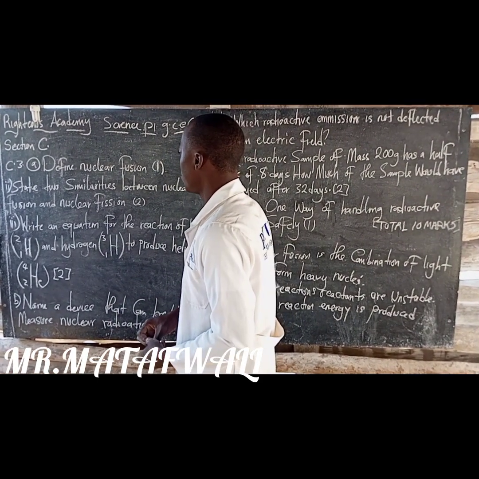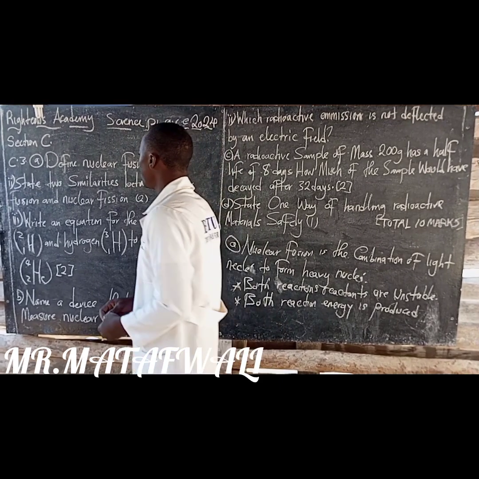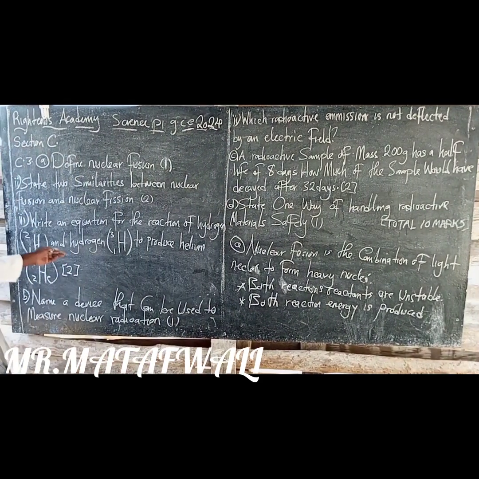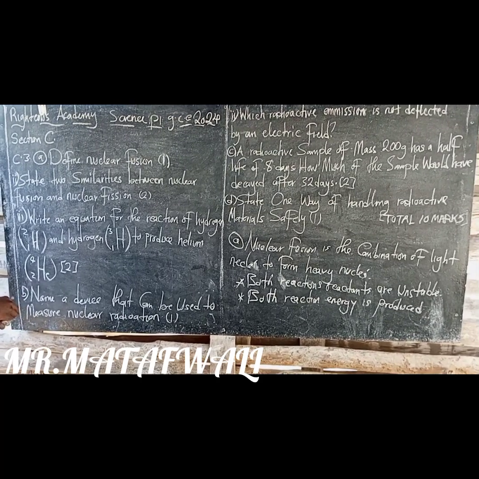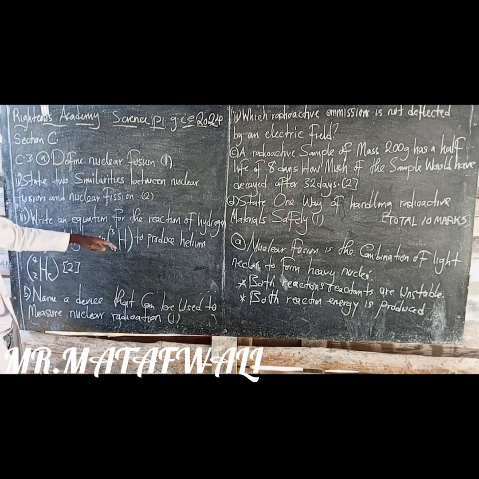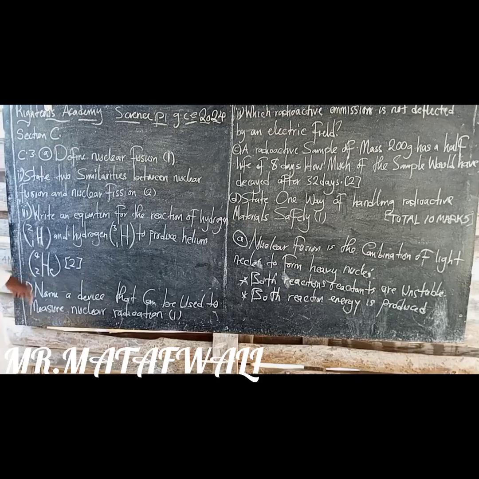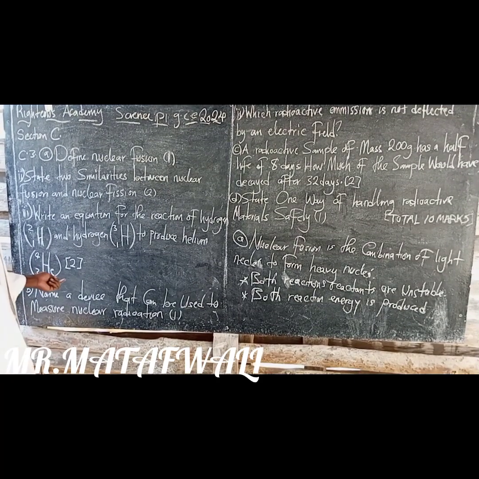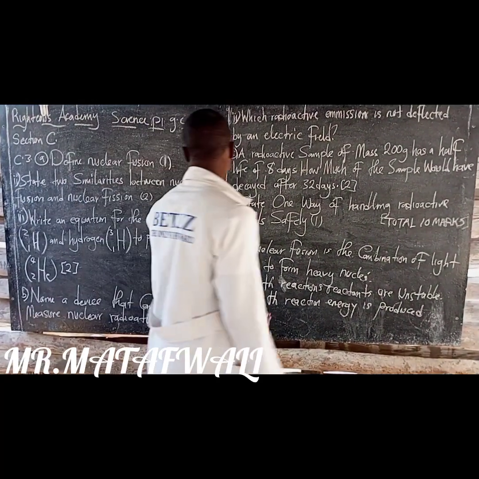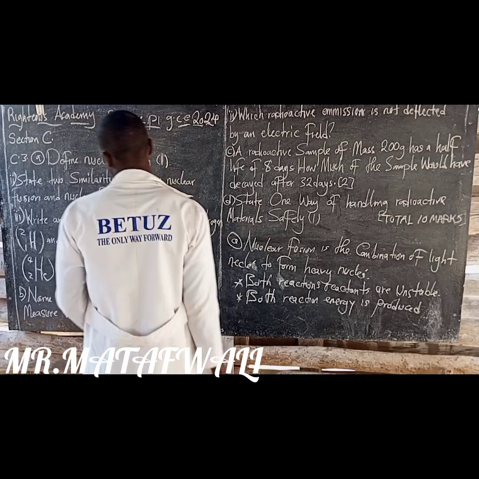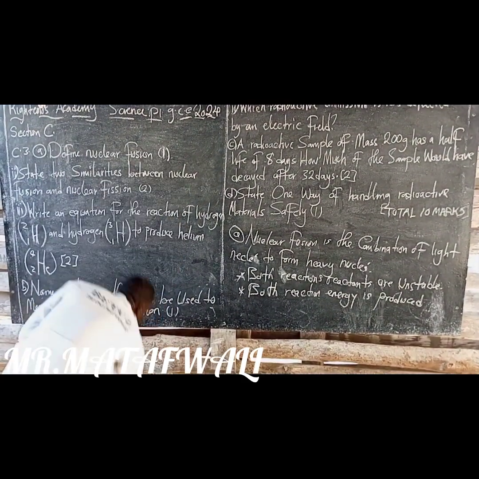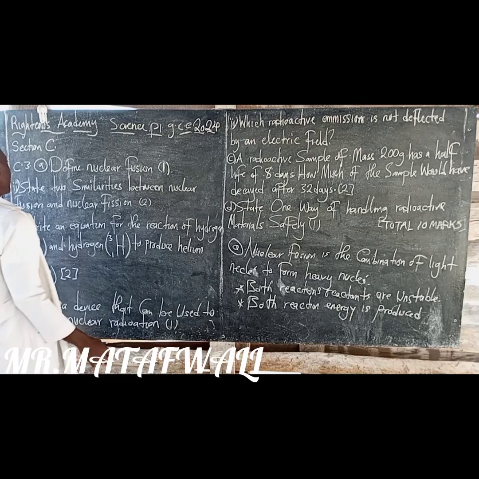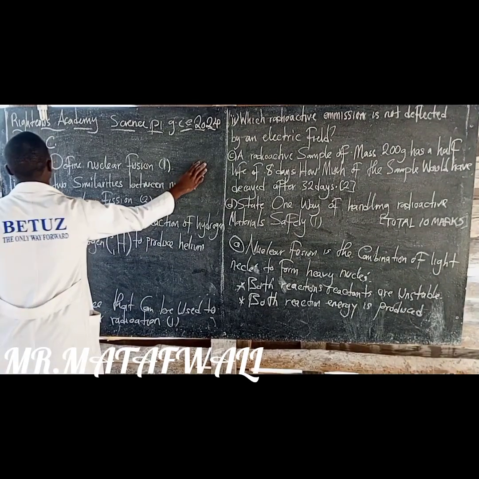So we are going to move on to question A3, which was saying write an equation for a reaction of hydrogen and hydrogen to produce helium. So this reaction was an example of nuclear fusion. When you understand the nuclear fusion, it is going to be easy for you to write this reaction.